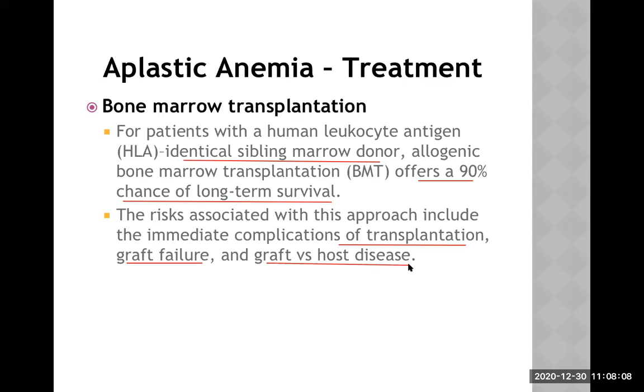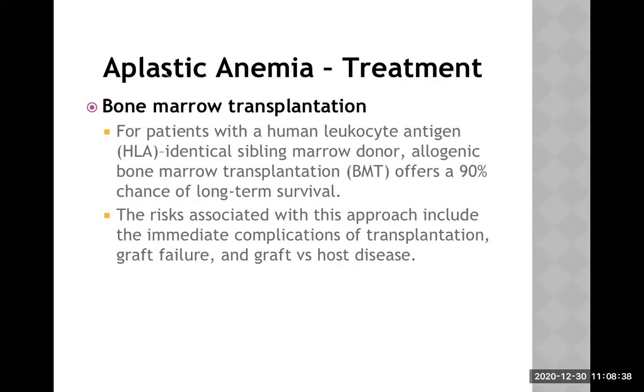Those donor lymphocytes, while entering into the patient's body, can damage the patient's tissue. This is known as graft versus host disease. And there are different types of manifestation. Skin may be affected, subcutaneous tissue may be affected, the GI tract may be affected because of graft versus host disease. So these are some of the important problems of bone marrow transplantation.